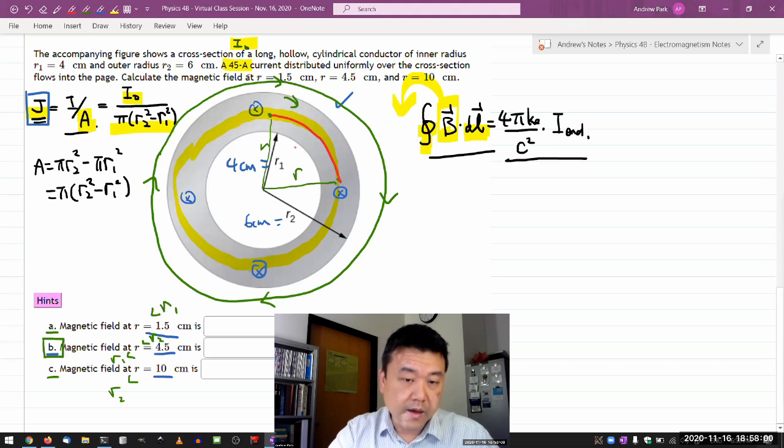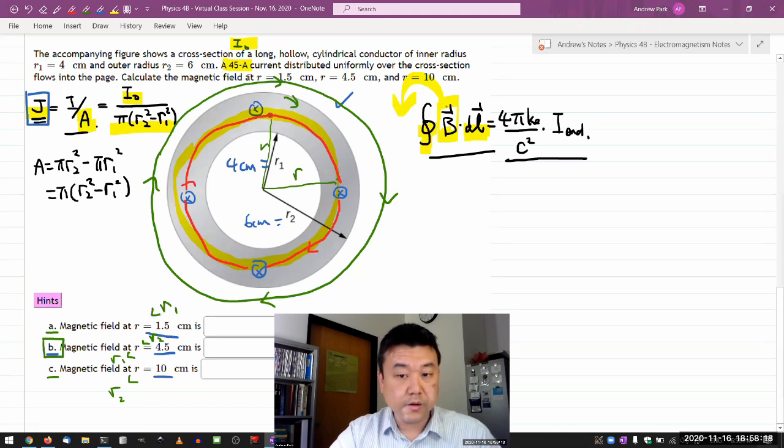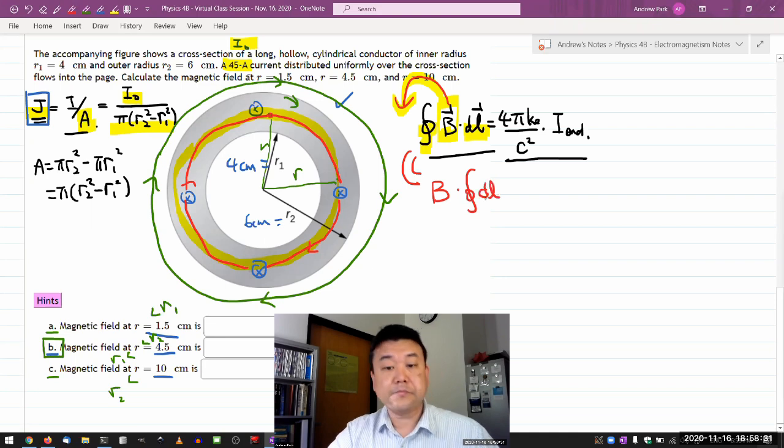So when I have an Amperian loop that's chosen specifically to exploit this symmetry, a circle that's concentric with these cross-sectional things, then the magnetic field at all the points will be the same. So with that argument, you can pull the magnetic field out of the integral, and you can justify writing down this expression: this is equal to the magnetic field times the line integral of dl.